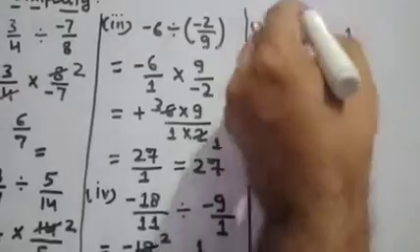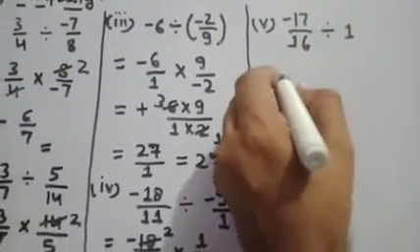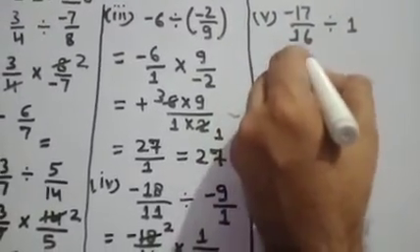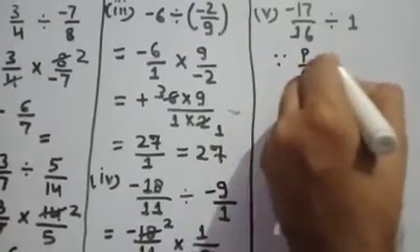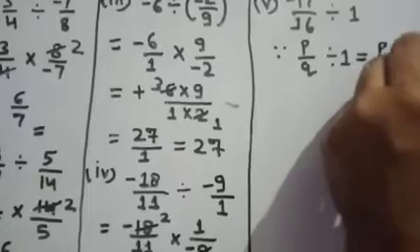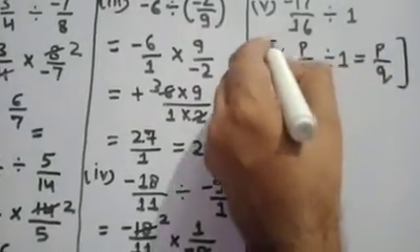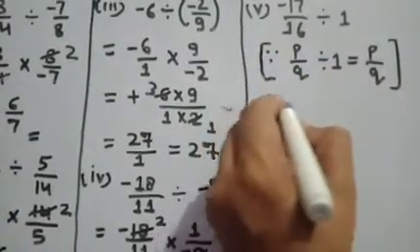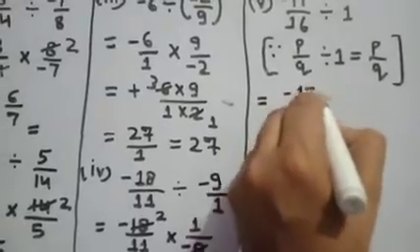If a rational number P upon Q is divided by 1, the result is P by Q. The rational number will remain, so the result is minus 17 upon 16.